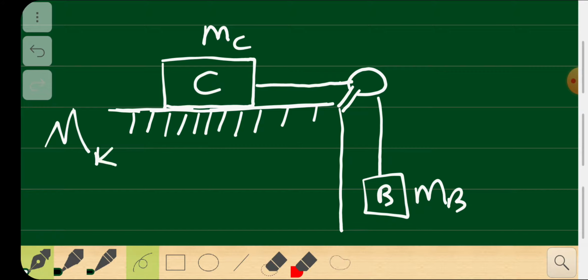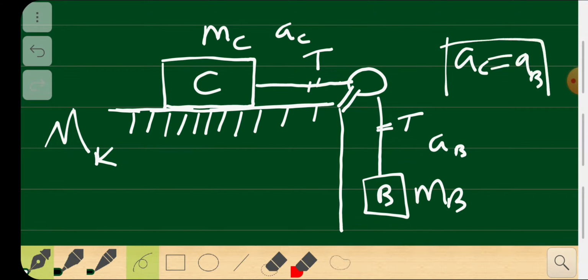The other thing is there is a tension in the string, and there will also be tension here. Now the cart is going to accelerate with an acceleration ac, and the block is going to accelerate with an acceleration ab. They will both be the same because they are connected to each other. The accelerations ac and ab will be equal.